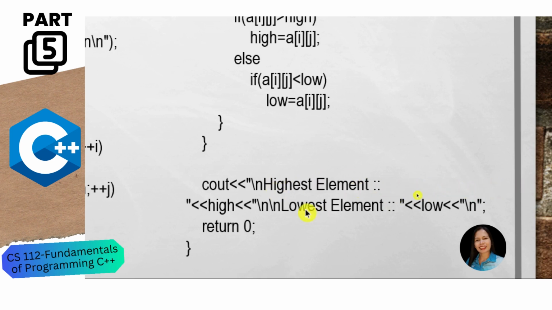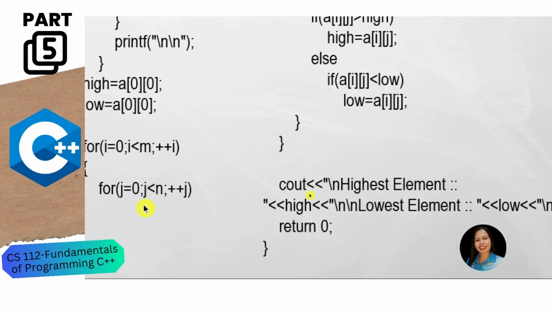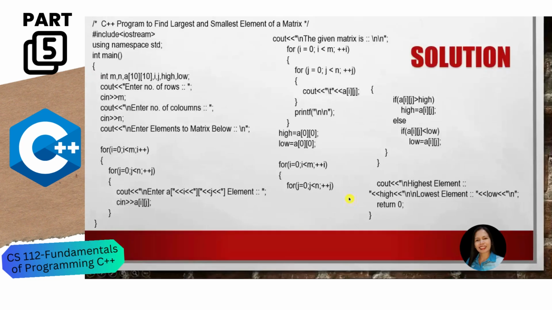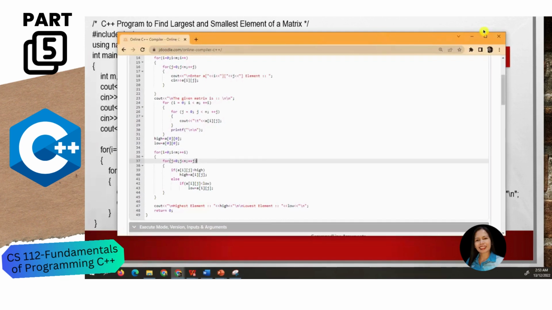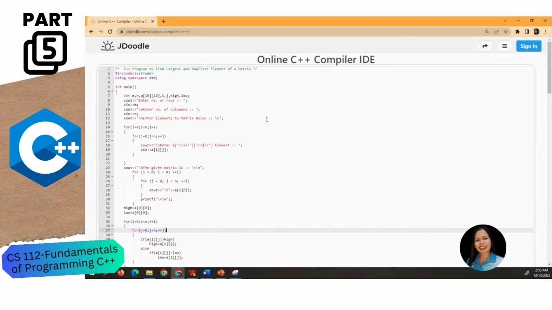So this is just a continuation because there's no more space here, and it will also display the high and the lowest value. So this is the new one. If you look into my code, I entered it a while ago here using an online tool.